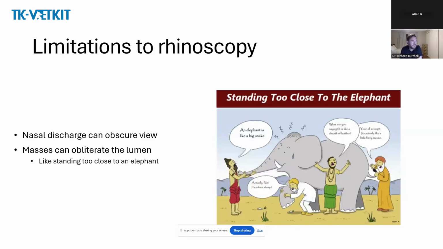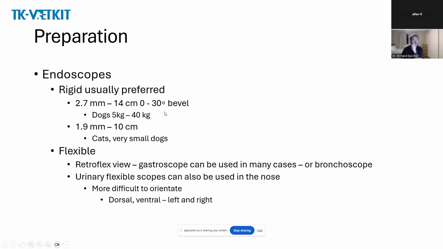So if you've got a nasal discharge, that can cause a lack of visibility, and it can be difficult to identify lesions. And then obviously, if you have a mass that's inside the nose, it can obliterate the lumen, and it can be a case of, well, you just can't get the scope in a position that you can visualize the mass because the mass is taking up the whole nose.